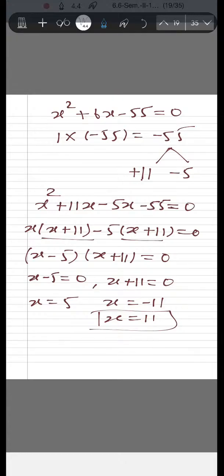You can observe the difference of them is 6. 11 minus 5 is equal to 6, correct? And the sum of squares, 121 plus 25, which is equal to what? We all know. This is how you have to solve the question. That's it.